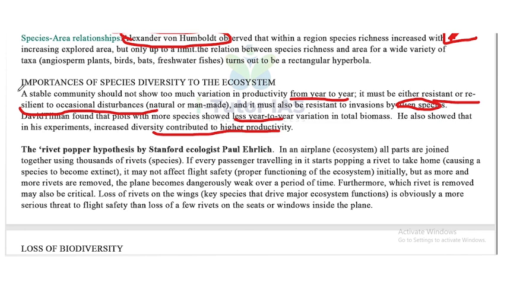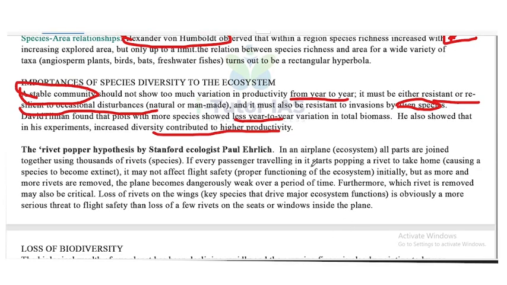We have seen what a stable community is: it is resilient to alien species and to occasional disturbances, and it has almost the same productivity from year to year. And David Tilman found that the more the species, the less year-to-year variation. Now let's see the rivet popper hypothesis by Stanford ecologist Paul Ehrlich.